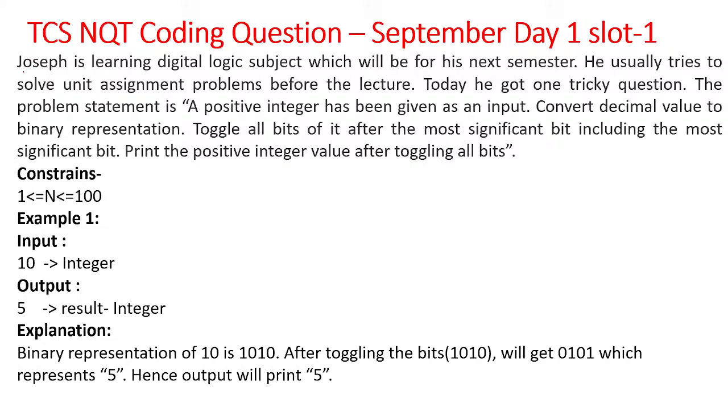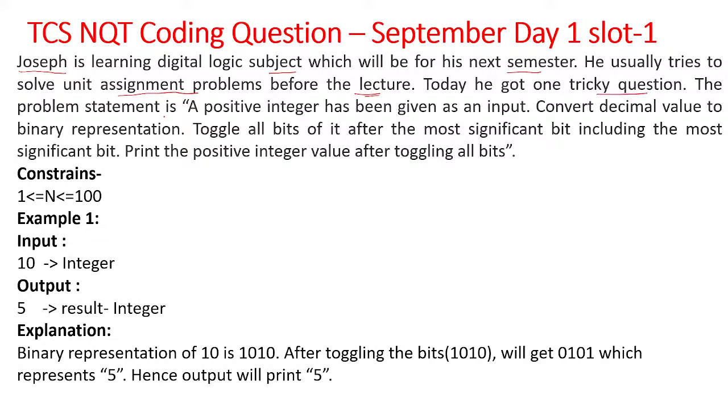Now, the problem statement is given as follows. Joseph is learning digital logic subject, which will be for his next semester. He usually tries to solve unit assignment problems before the lecture. So today he got one tricky question.